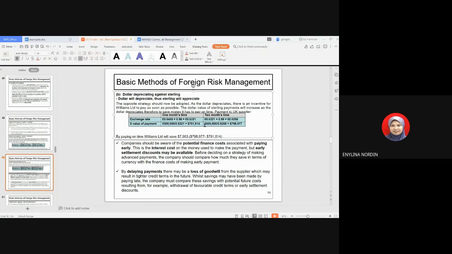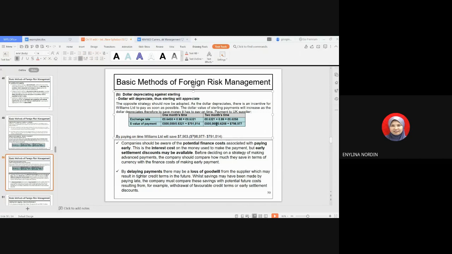If the sterling appreciates, that means there will be more dollar to be converted into pound. That means the US company has to pay more dollar for 500,000 pound. So what should the US company do here? The US company should make an earlier payment to avoid the increase in the pound sterling currency.